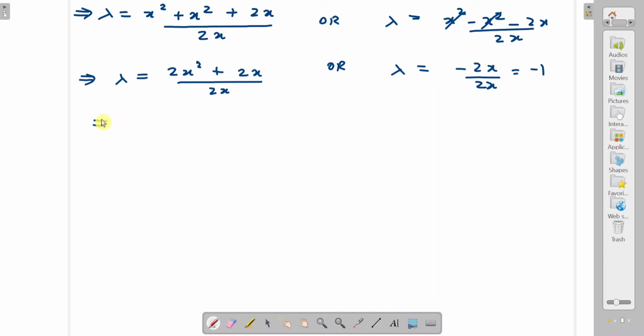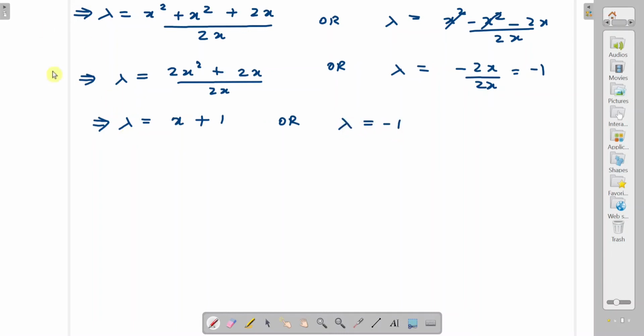So what we are getting is lambda equal to, now if you divide this here, okay, 2x if you divide for both the terms, you will get x plus 1, or from the next equation we are getting lambda equal to minus 1.